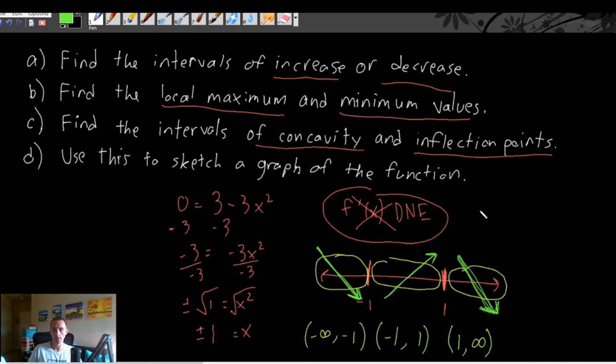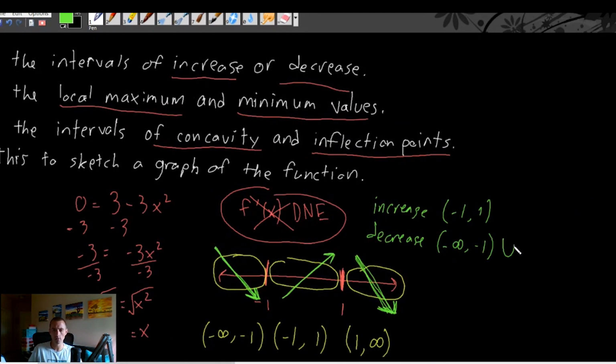So increasing from -1 to 1 and decreasing from -infinity to -1, and this little u just means the union. So basically these 2 intervals are both going to be intervals of decrease, basically intervals where our function is decreasing, from 1 to infinity.